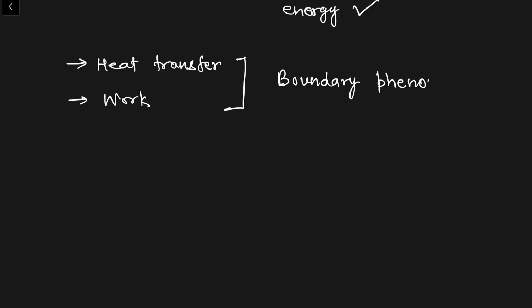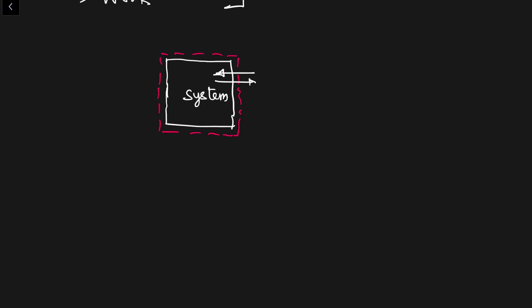So if we have a system here, and we define the system boundary like this by a dotted line, so we always define the system boundary by a dotted line, then energy can cross either by heat transfer or work transfer.